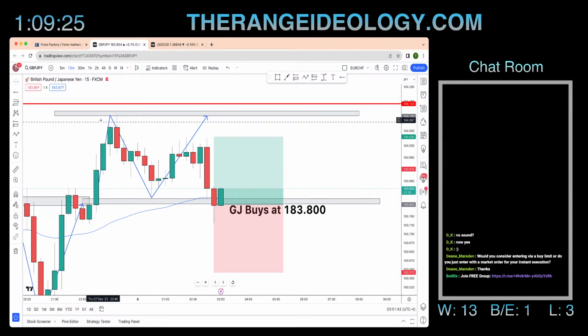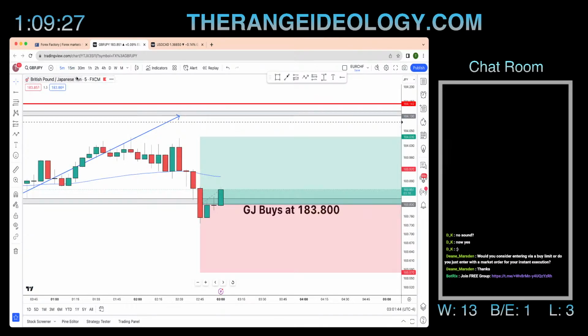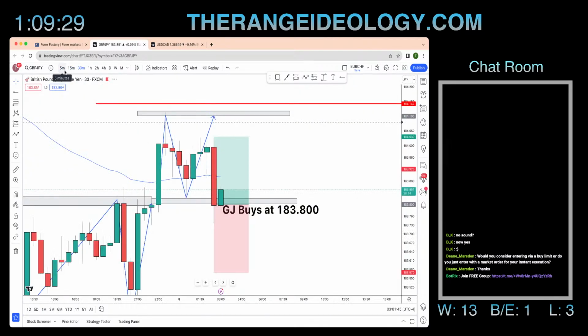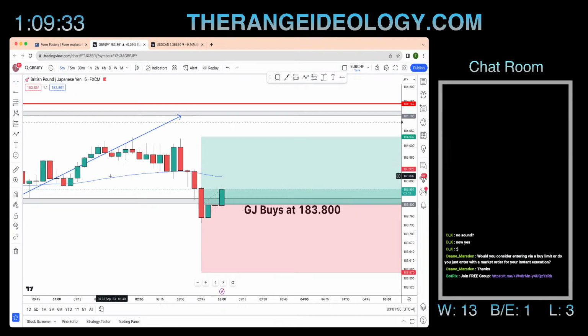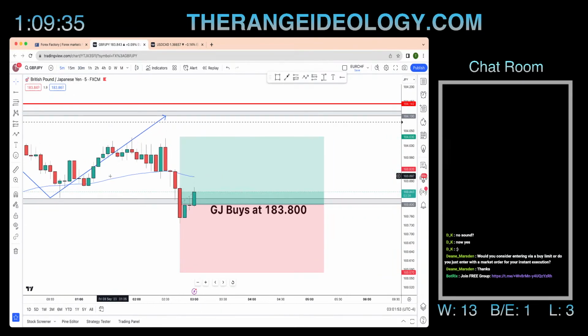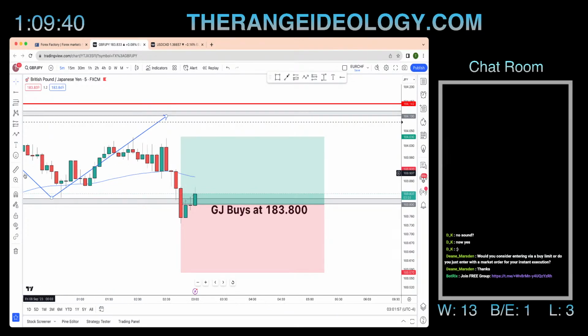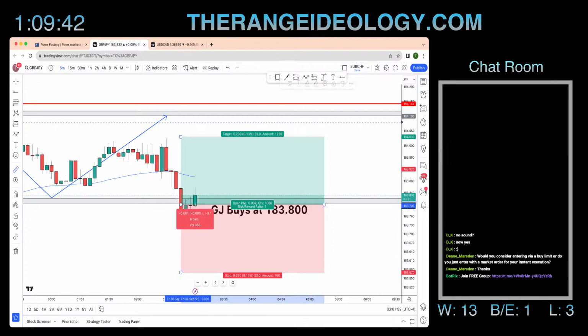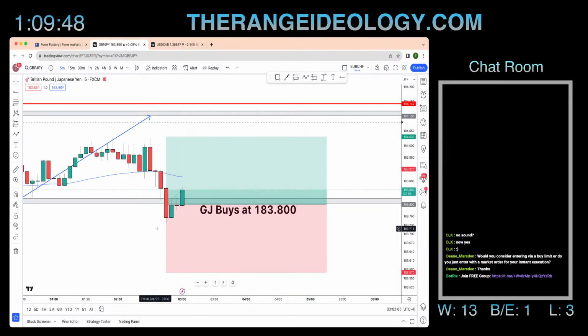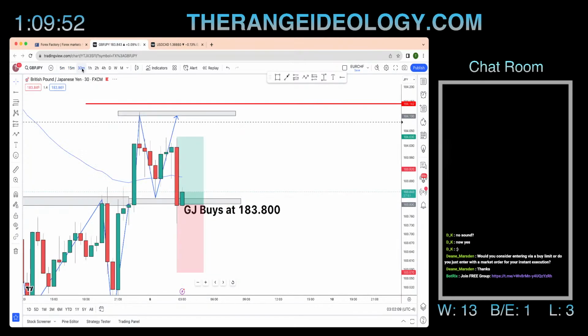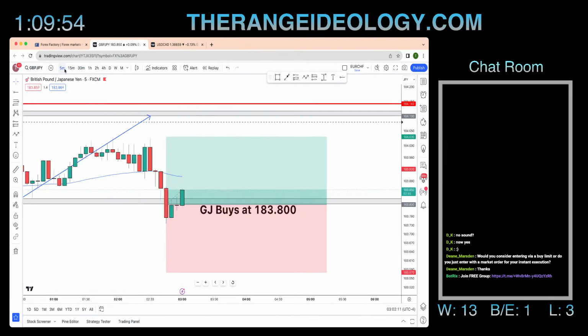Okay, we're getting a little bit of push here now. So just about 3 or 4 pips into profit. Could we see that tap on the 30-minute and 5-minute?